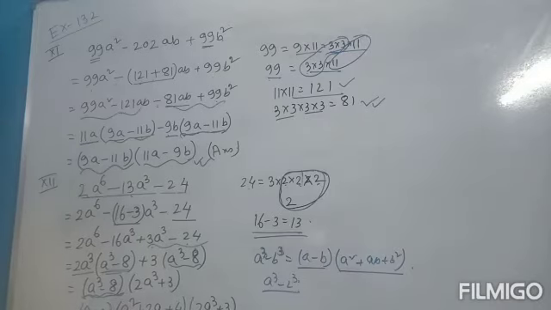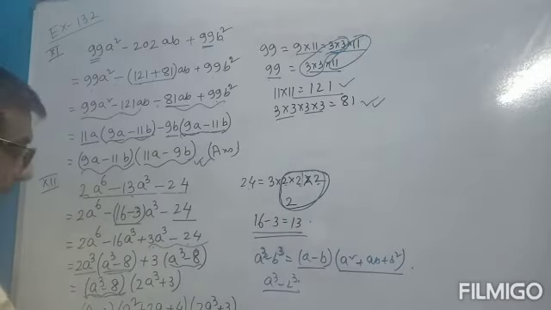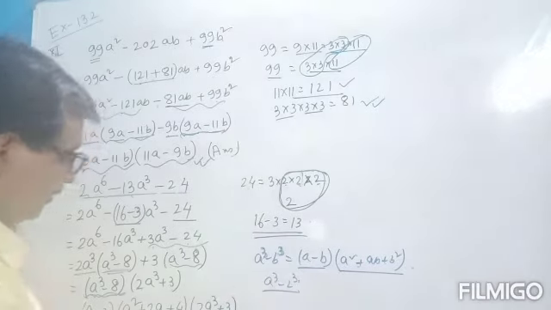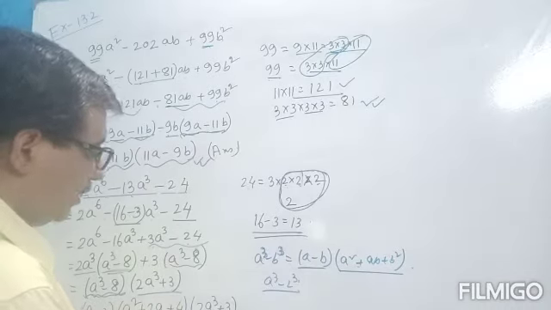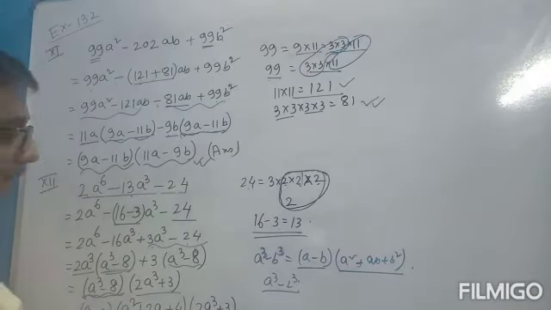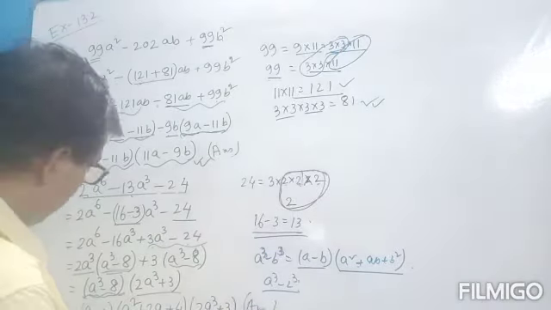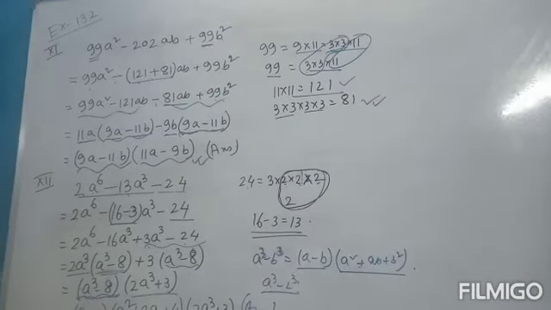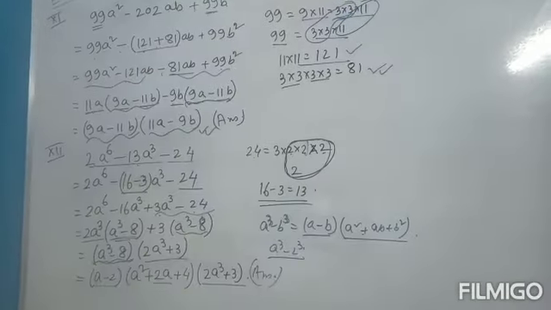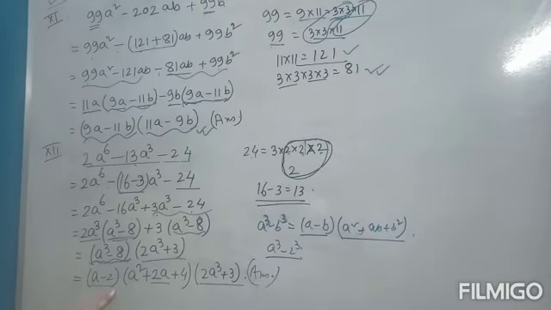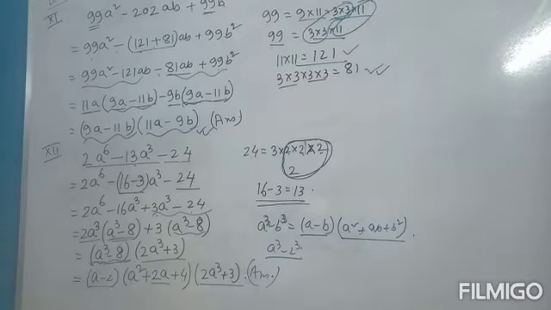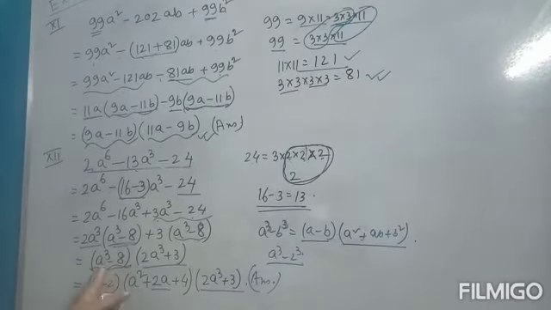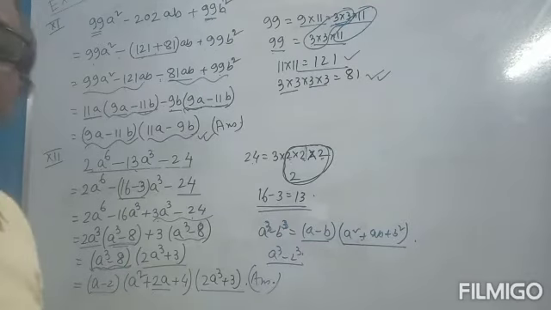So a minus 2, a square plus a into 2, that is 2a, plus 2 square, nothing but 4, and the remaining 2a cube plus 3 stays intact. So this is the answer: a minus 2 into a square plus 2a plus 4 into 2a cube plus 3. Okay.